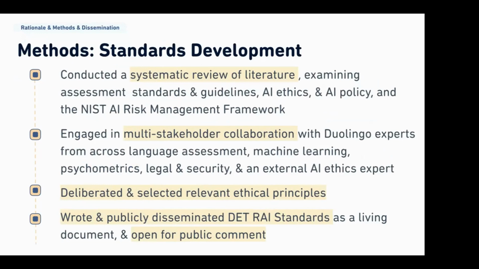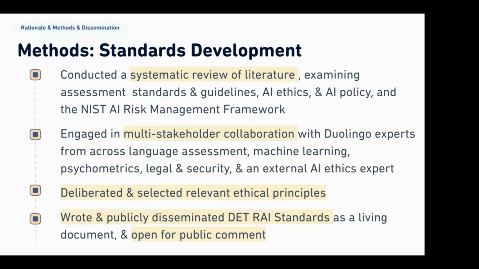So how do we develop these standards? We first conducted a systematic review of the literature, examining assessment standards and guidelines, AI ethics literature, AI policy literature, and the NIST AI Risk Management Framework, which is a US national framework that's widely known, at least in the US, and accepted.